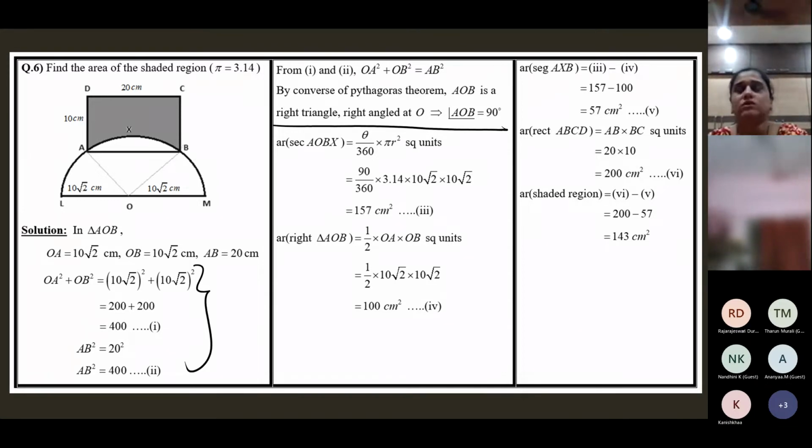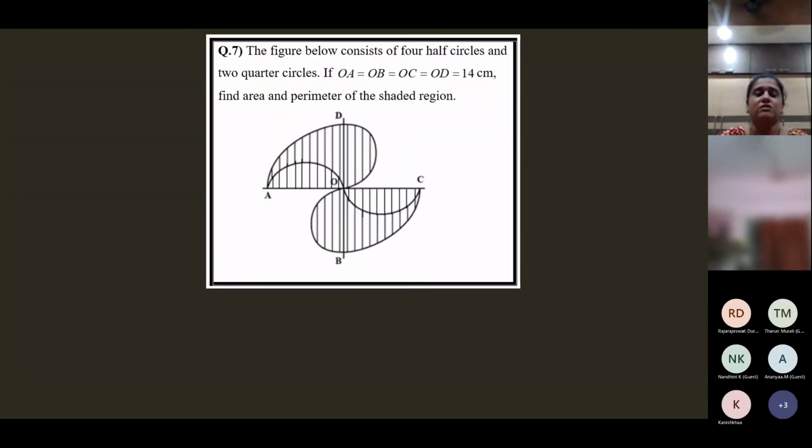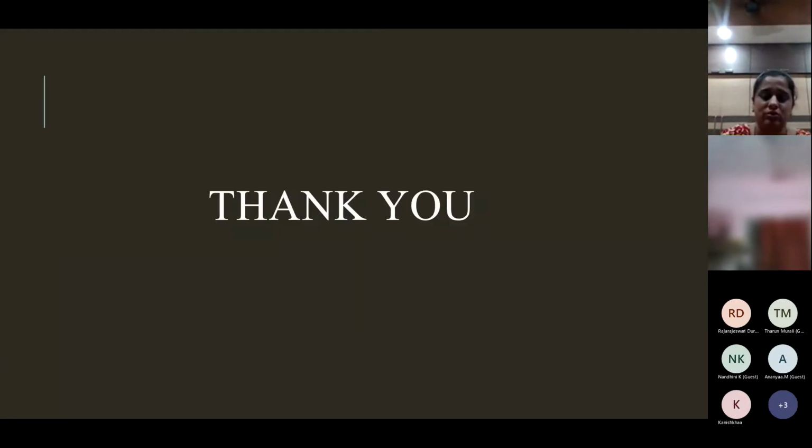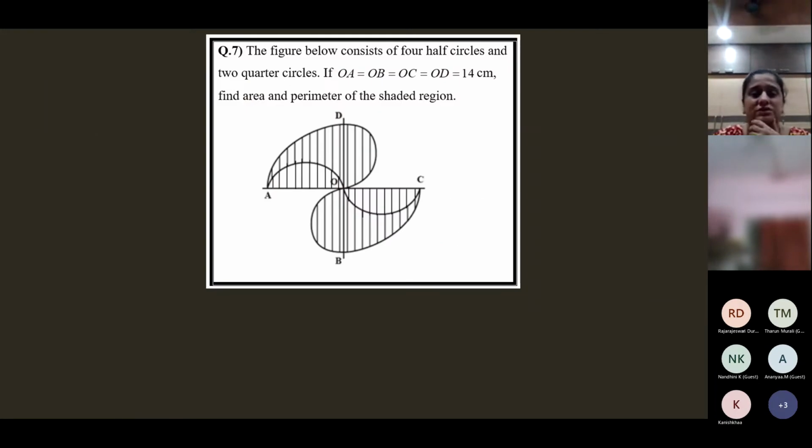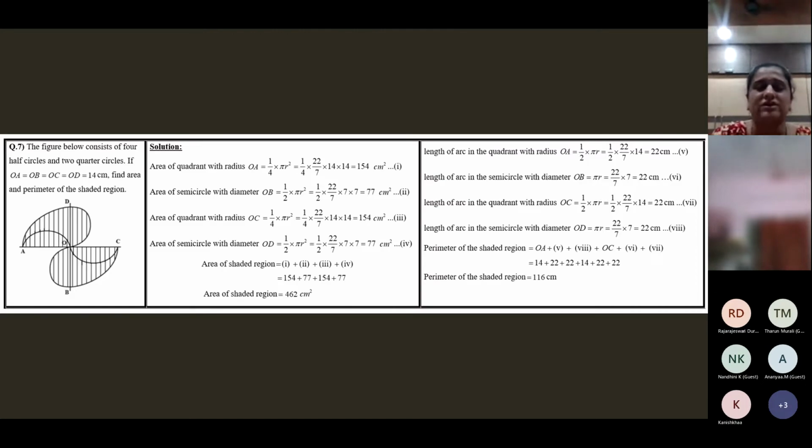I've told you, if there are multiple radii, which radius you should take for which one. This one I messed up: this working is correct, but the figure I attached with this is incorrect.